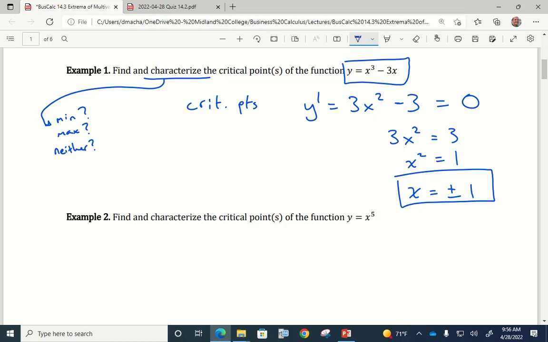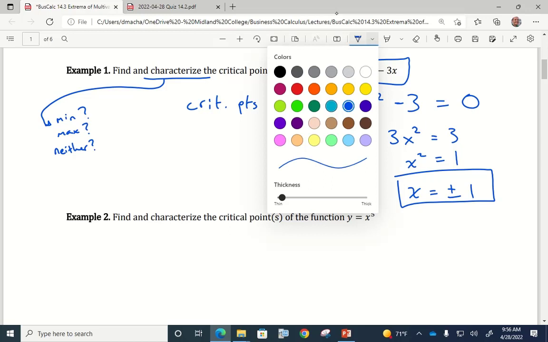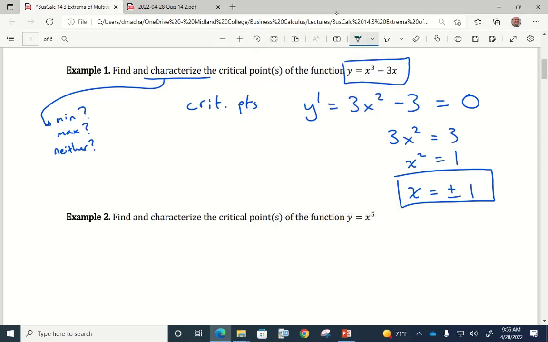And to be able to tell whether these critical points are a minimum or a maximum, I have to find my second derivative. My second derivative means I take the derivative of the derivative, and so that would be 6x. And then the minus 3 goes away, so I say 6x is my second derivative.